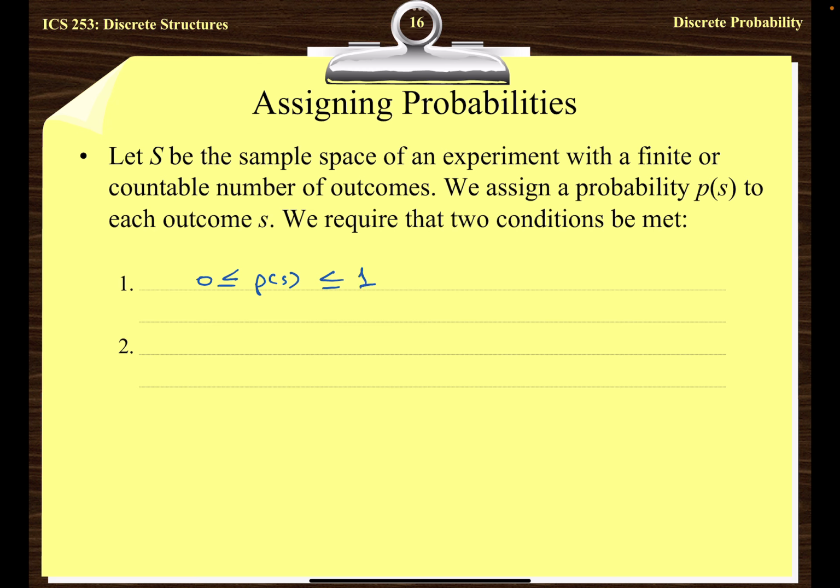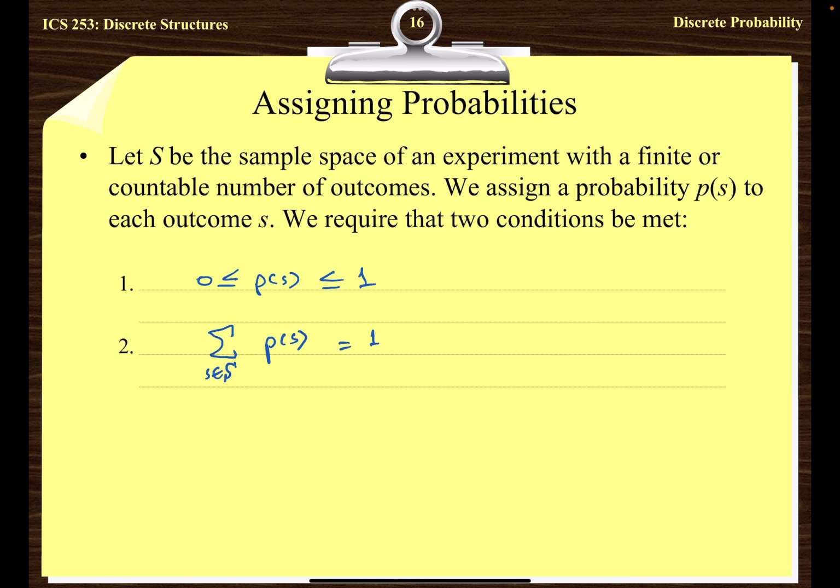The value of the probability of each outcome should always be greater than or equal to 0, less than or equal to 1. What about the second condition? Well, the second condition is that the summation of the probability of all outcomes should be equal to ايش? Should be equal to 1.